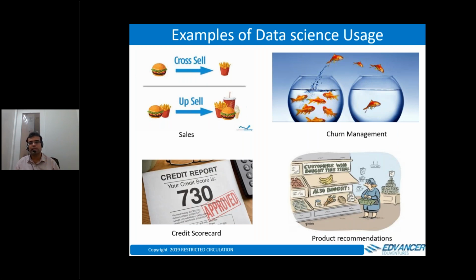So you analyze the data of your customers. It could be any and every kind of data point, right from their demographics, their age grouping, their gender, their locations, what they have purchased from you in the past, how frequently they have purchased, what kind of spending they have done with you.